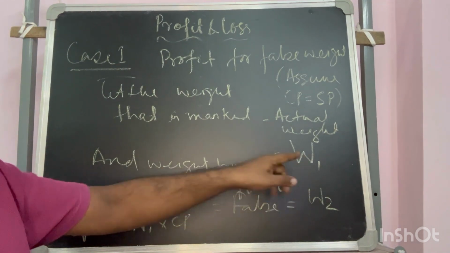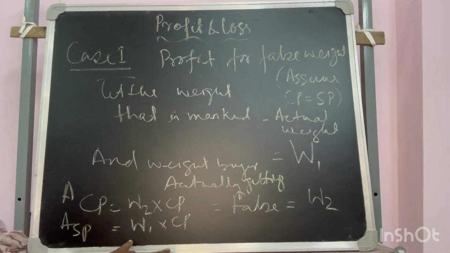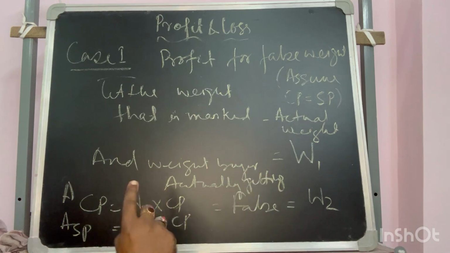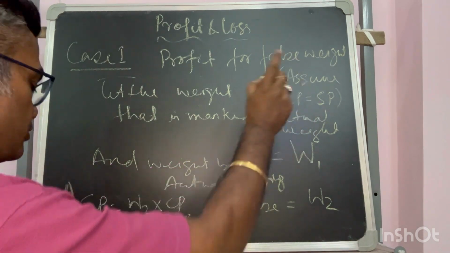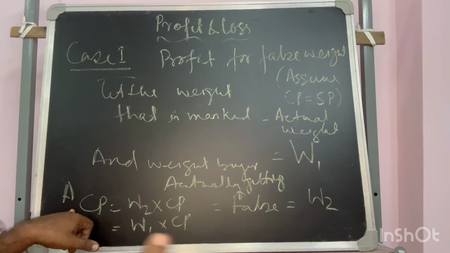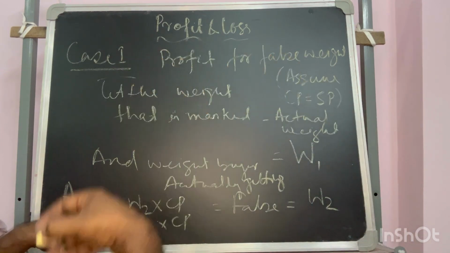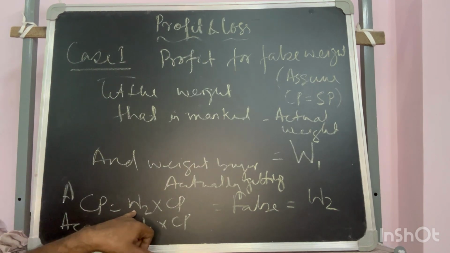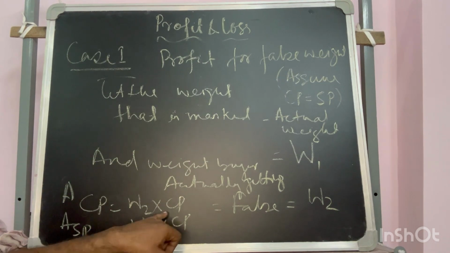We are keeping the cost price the same as the selling price per unit. And the actual cost price incurred by the seller while buying the product is W2, the false weight, into CP.